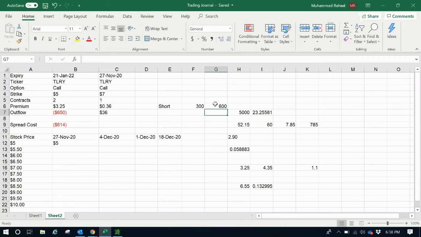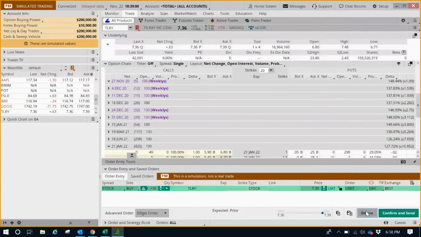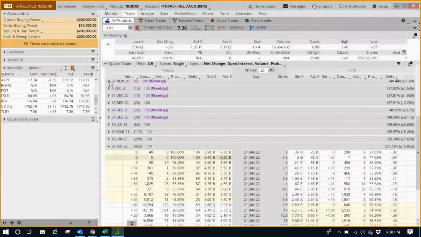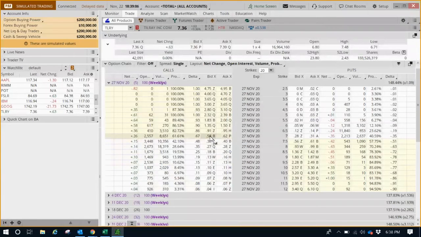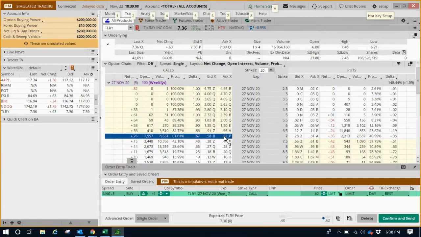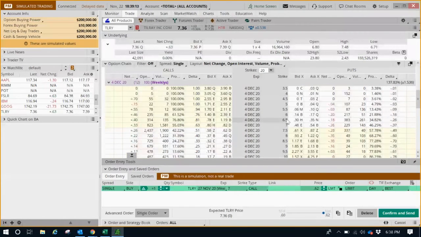So you recommended that we actually try to buy it back on Friday? I generally don't get into this stuff a lot. I generally roll it. Here will be the trade on that Friday. I would see whatever the price is on Friday for that Tilray $7 strike call, and I'll say, buy this one back for me and then sell another one.